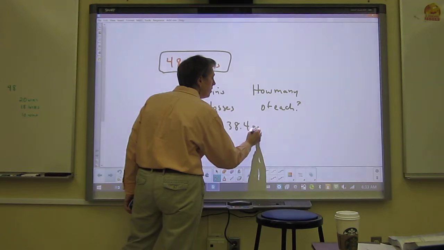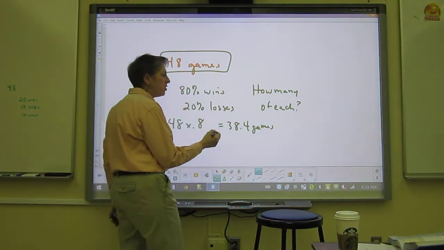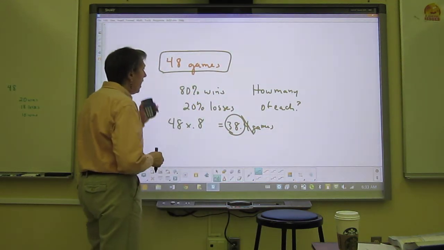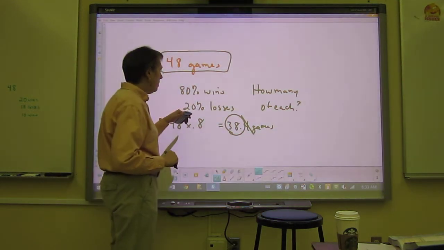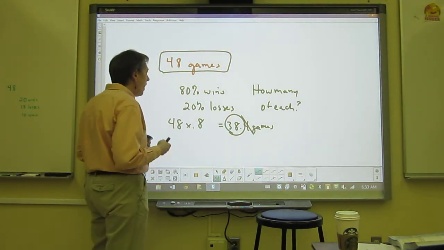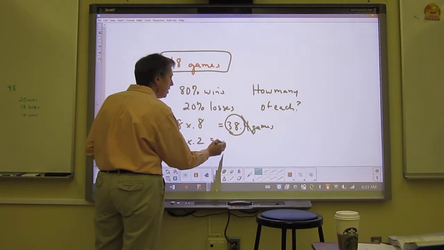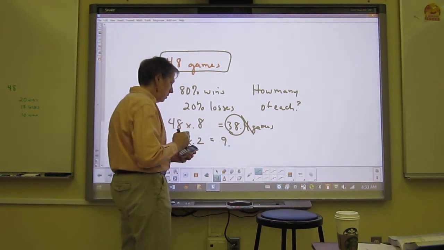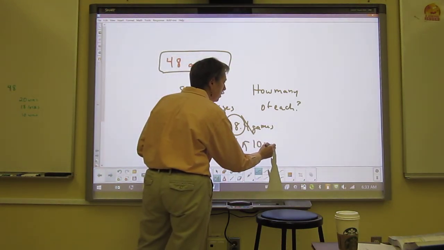You can't win 38.4 games. So because this is below 5, it's 38 games. And then I can simply subtract, 48 minus 38, which would be 10 losses. Or I could multiply 48 times 0.2, which is going to give me 9.6, I believe. Here we round up, and we have 10 games that were losses.